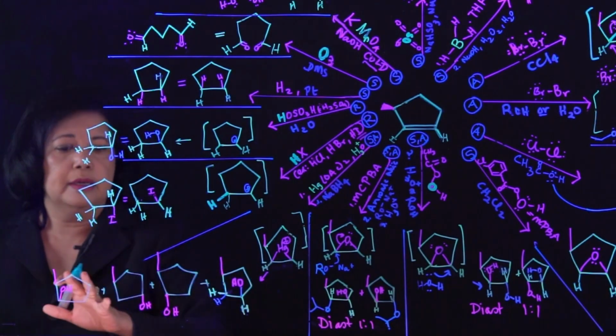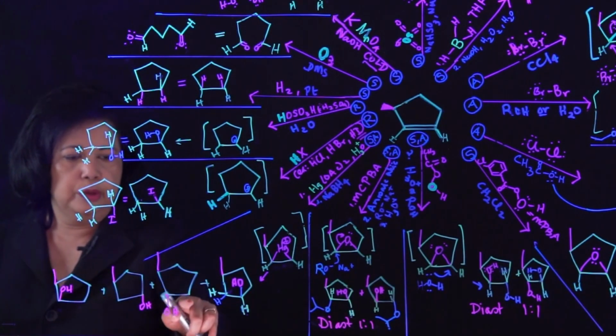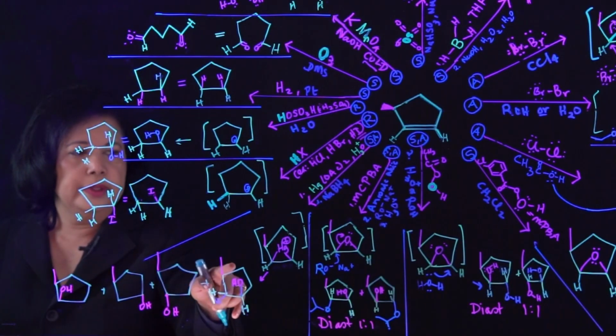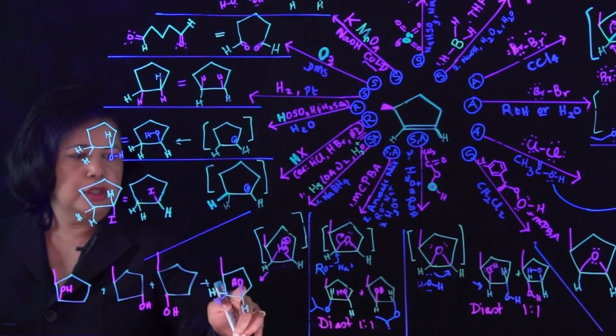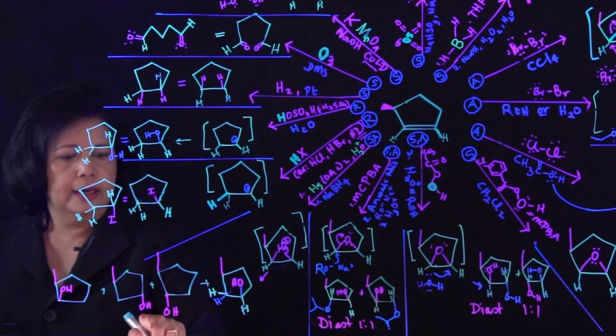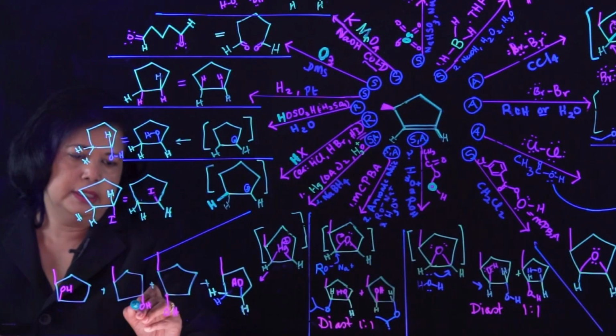None of them is really like a major compound. And we can have 4 different ones. And in all of them, the methyl stereochemistry does not change. The hydroxyl can go up or down, and both of these are going to be diastereomers.